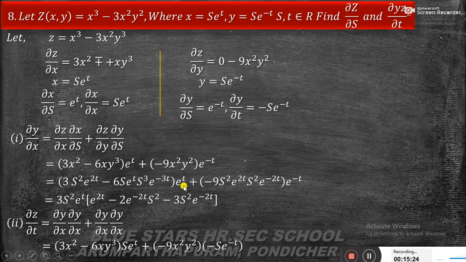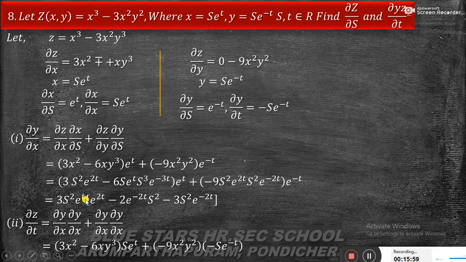The next step, now you see here the common factor is 3. Every term has a 3, so I take the 3 outside. Next, s square is common, and e power t is also common in every term. So I take 3s square e power t outside. The remaining terms are e power 2t, because e power 2t into e power t is e power 3t, so from the e power 3t I take only e power 2t.